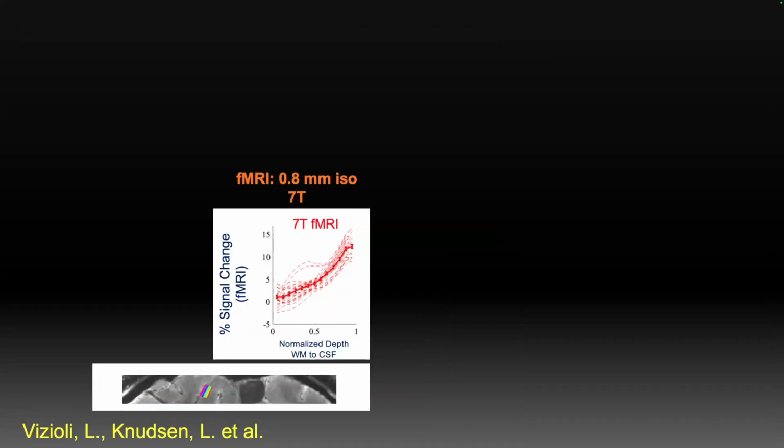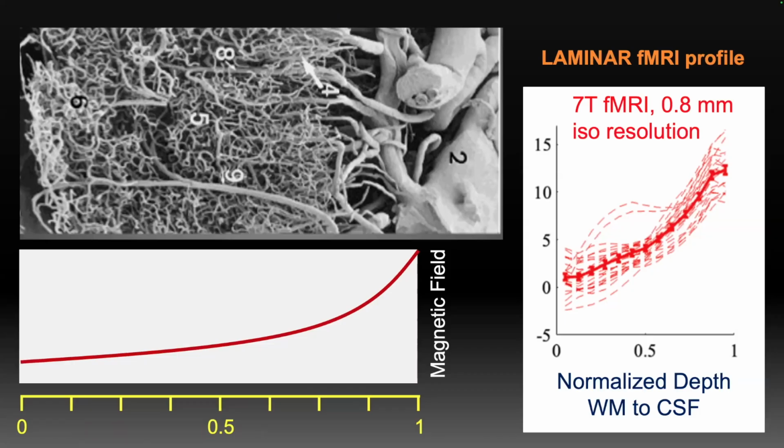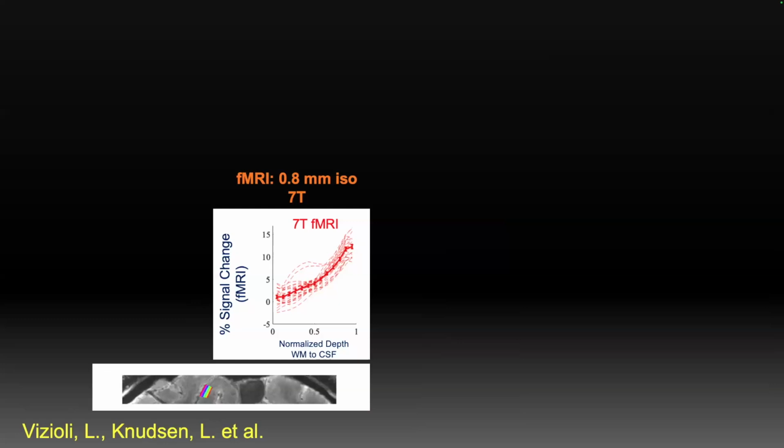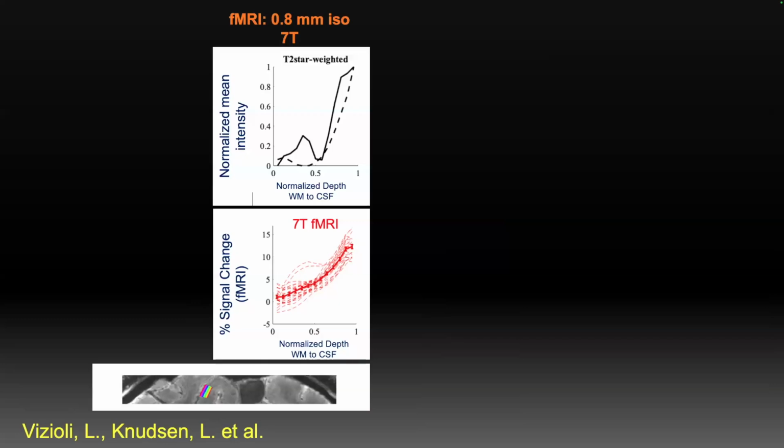That's 7 Tesla. And so we are now looking at data at 10.5 Tesla. By the way, this now is just the EPI data.